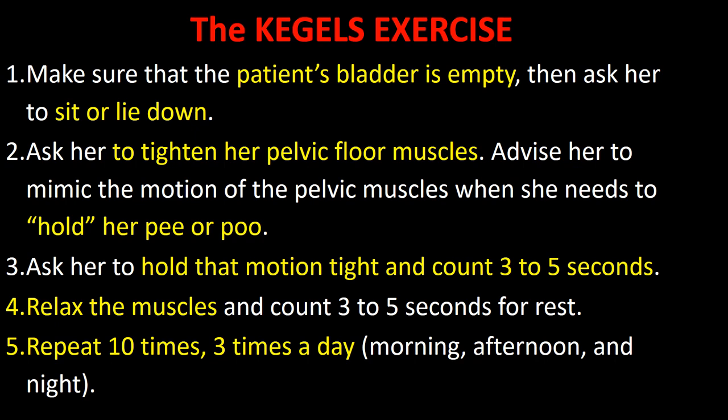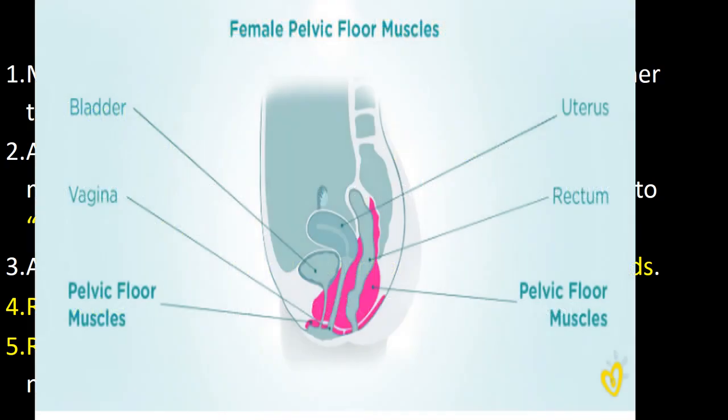Relax for 5 seconds and repeat. That is your Kegels exercises. So as you can see, your Kegels exercises will also improve the involution of the vagina, pelvic floor muscles, also the rectum and the uterus. So help the mother do this by telling her what to do.